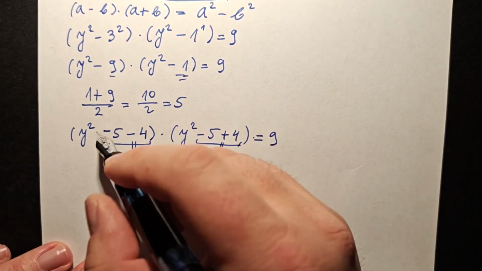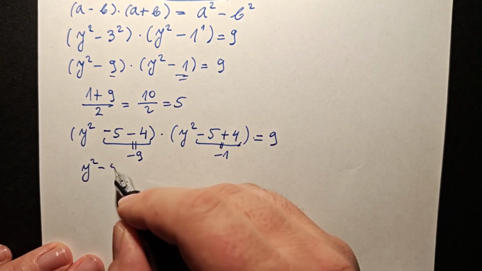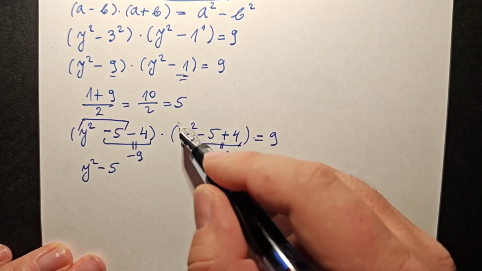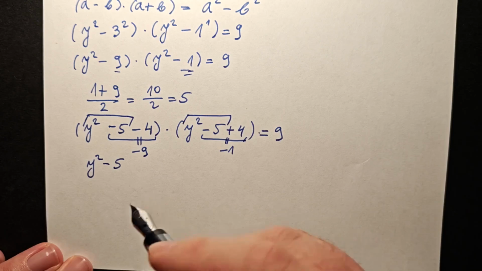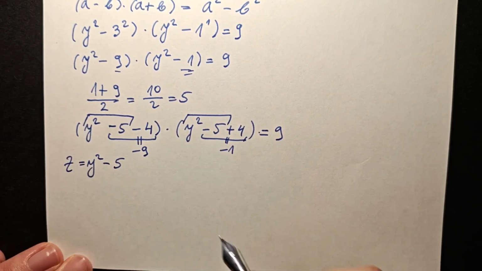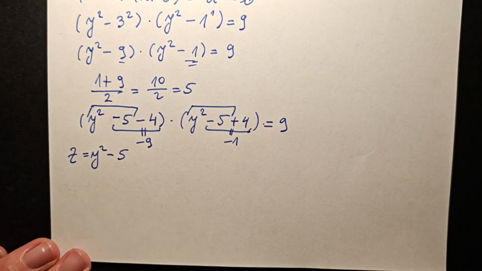Y squared minus 5 is repeating in both of these terms of our product, and we are going to introduce the substitution that z is equal to y squared minus 5.